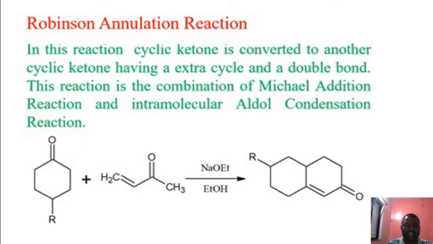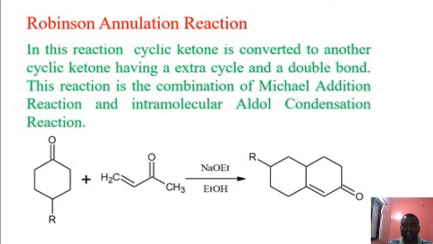Toward the reactant side, there is cyclic ketone and methylvinyl ketone, and toward the product there is a bicyclic ketone. Now compare reactant cyclic ketone and product bicyclic ketone. In the reactant cyclic ketone, there is one cycle and one double bond, carbon oxygen double bond, and in the product cyclic ketone there are two cycles and two double bonds.